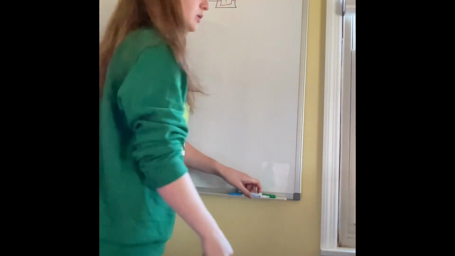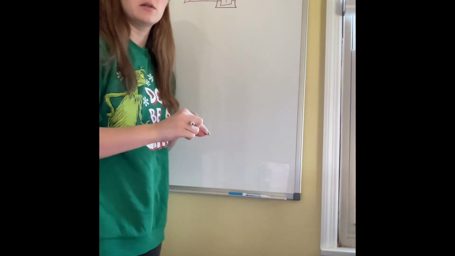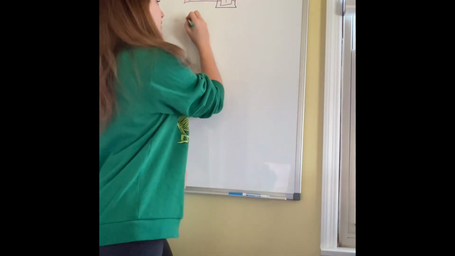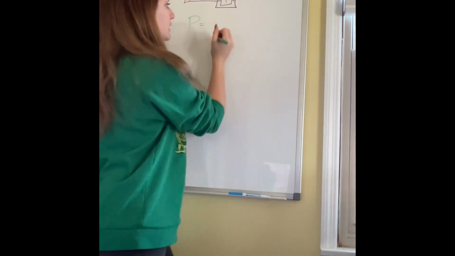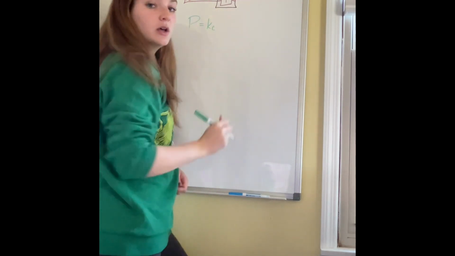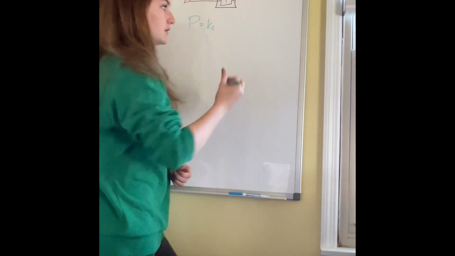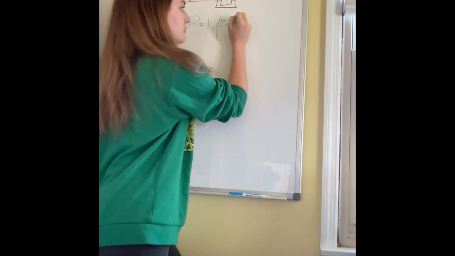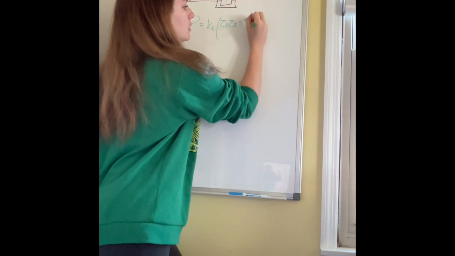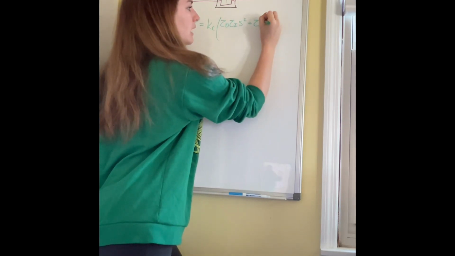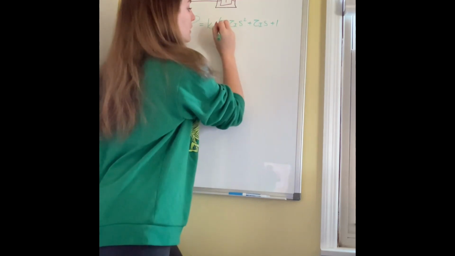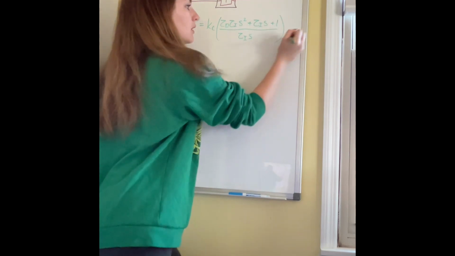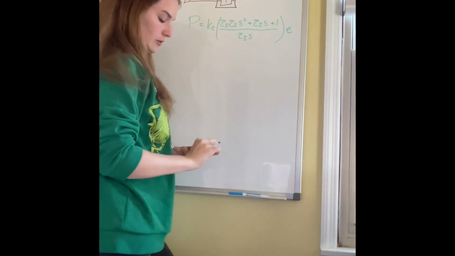In the last problem, we also found the transfer function for our PID controller: big P is equal to KC, our proportionality constant, times tau D tau I S squared plus tau I S plus 1, all divided by tau I S, multiplied by our error signal.